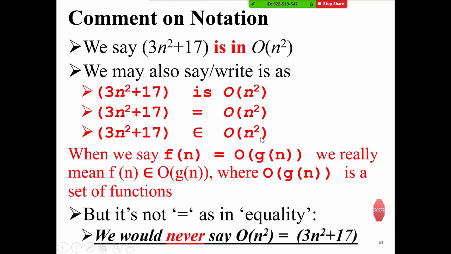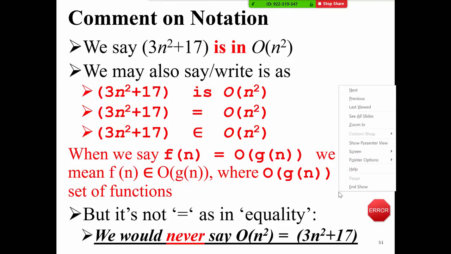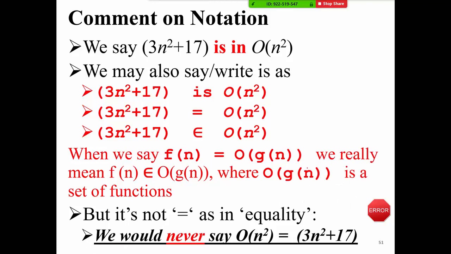But we cannot say O of n squared is equal to 3n squared plus 17. This is very important before I close: we cannot have O of n on the left-hand side. We never say this, so keep that in your mind.